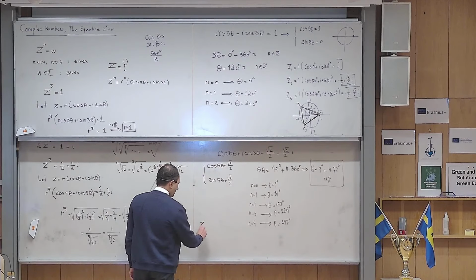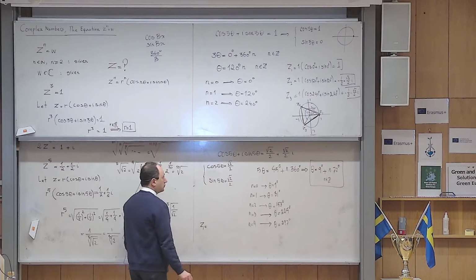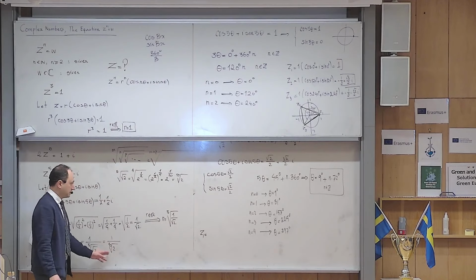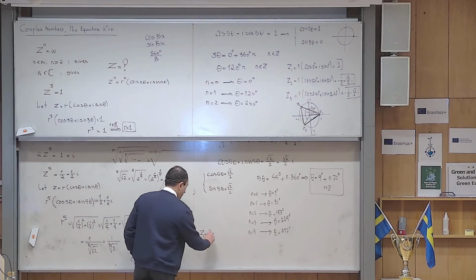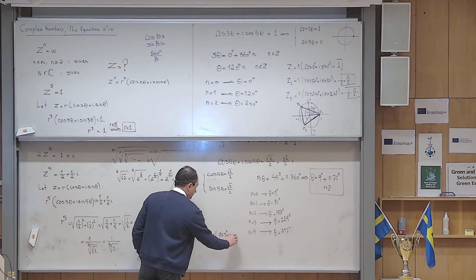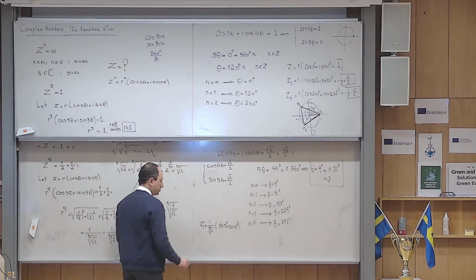So z1, R, what is R? For all of them, R is this weird number, whatever that is. So you write R there. And then cosine of 9 degrees plus i sine of 9 degrees. This is one answer.